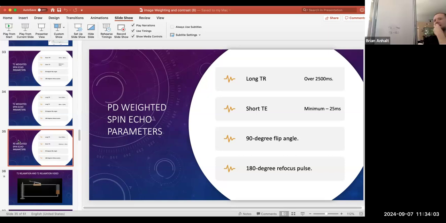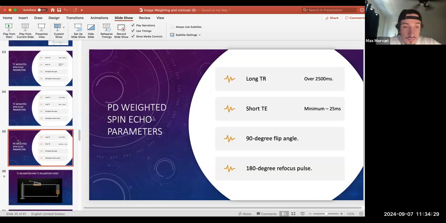I just messed up my scan. That would be signal poor. That would look like nothing. I'm not allowing for full recovery, so water's already not going to produce a lot of signal, and then we're going to allow for fat to decay. It's going to look signal poor, basically like nothing. That's improper parameters right there, right? That's giving us T1 contrast and T2 information. We can't mix the contrasts.